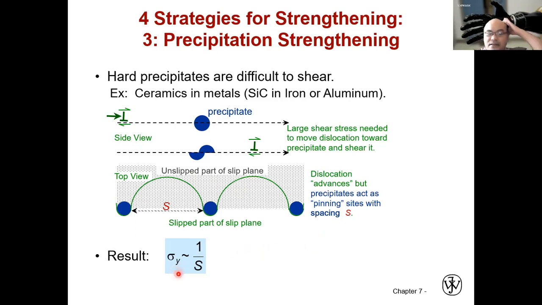The yield strength is proportional to 1 over S, where S is the distance between the two precipitates. If the distance is smaller, which means you introduce more precipitates, the yield strength will increase because it cannot deform at all. When the distance between the precipitates is larger, the yield strength will decrease.